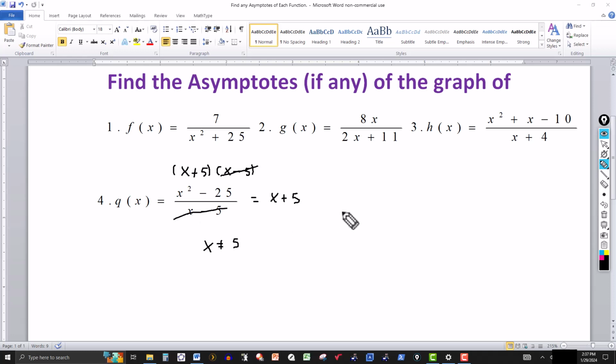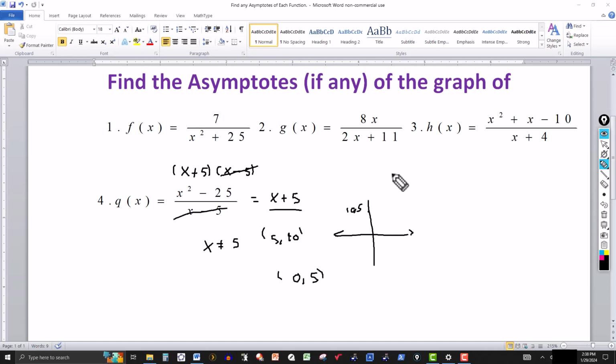So what we do, like if we were to graph this, let's look at q of x equal to x plus 5. If I replace the x by 0, I get 5. So this graph is going to pass somewhere over here. So let's say this is the point 0, 5. If I replace the x by 5, then I get 10. So I would go 5 over here, and then 10 up.